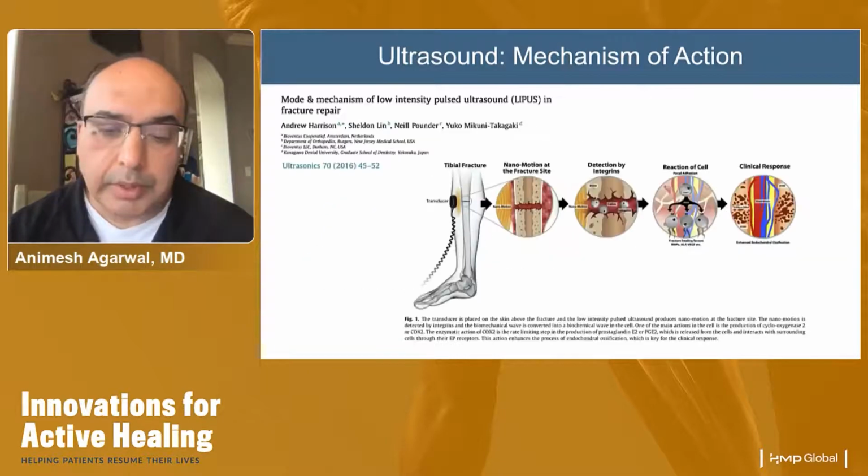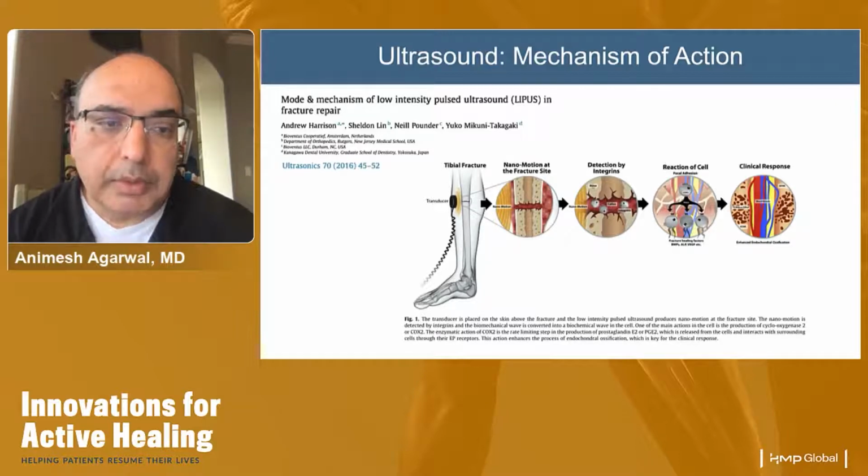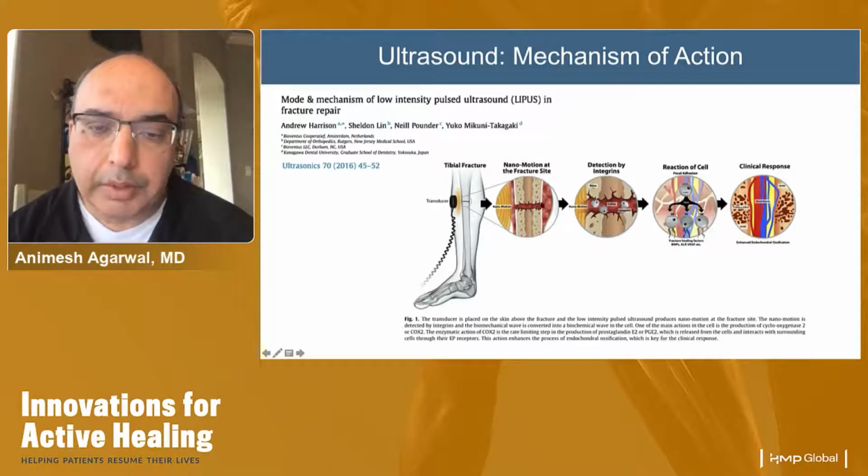So if you look at the mode and mechanism of low intensity pulse ultrasound in fracture repair, done by this study by Harrison et al., you can see the transducers applied to the tibia fracture here. This provides nanomotion because, again, if you remember, the transducer is applying acoustic pressure waves. So there is some micro or nanomotion occurring at the fracture site. That nanomotion is detected by integrins, which help stimulate callus formation.